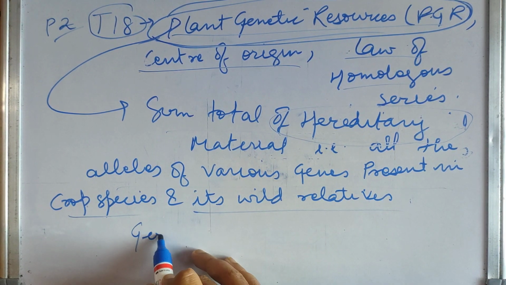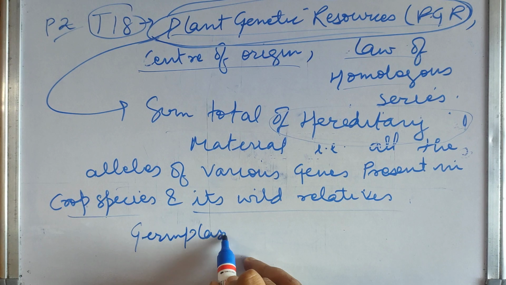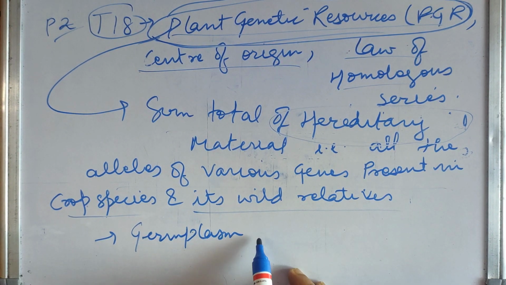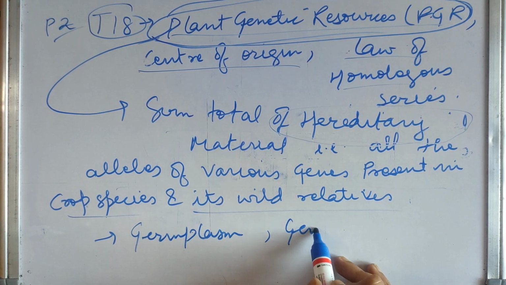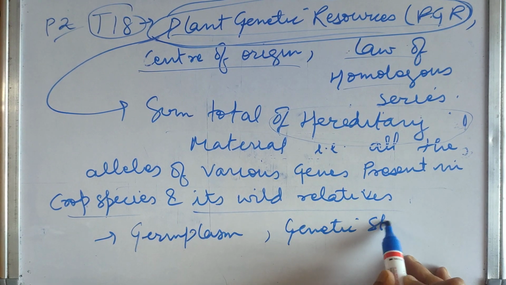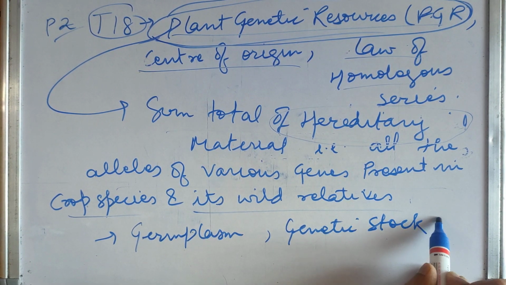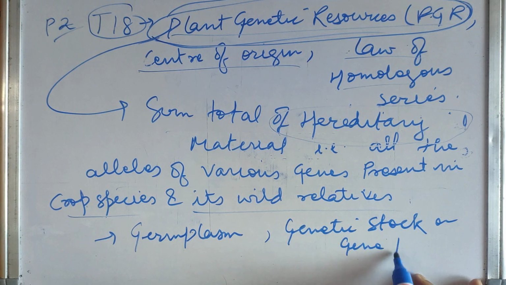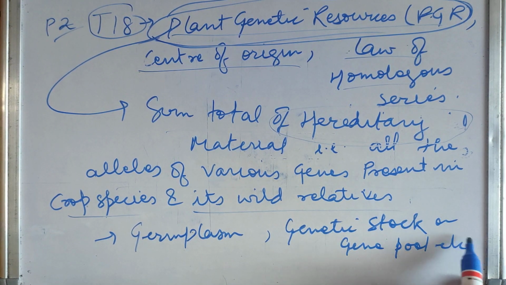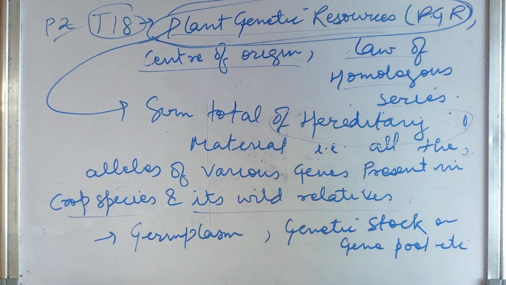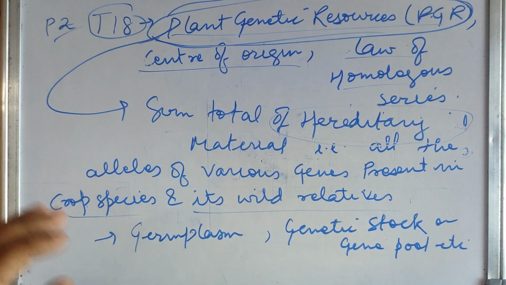It is also known as germplasm, genetic stock, or gene pool, etc. What is the importance of its conservation?